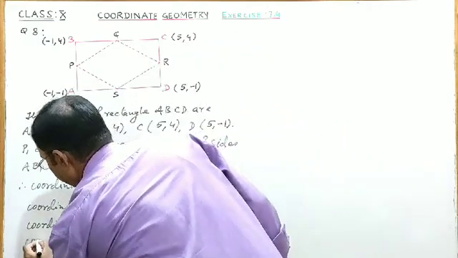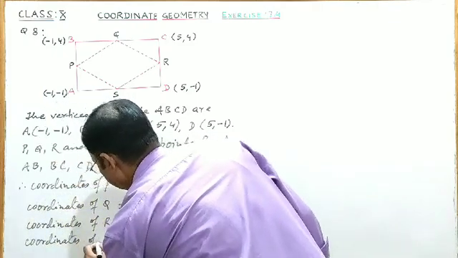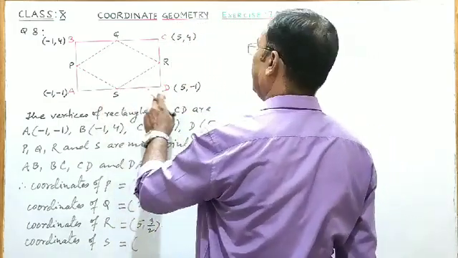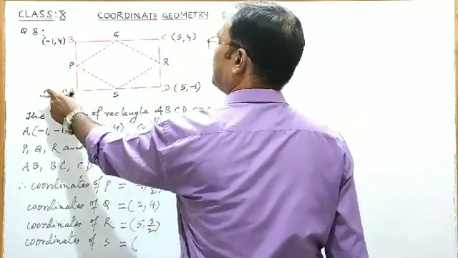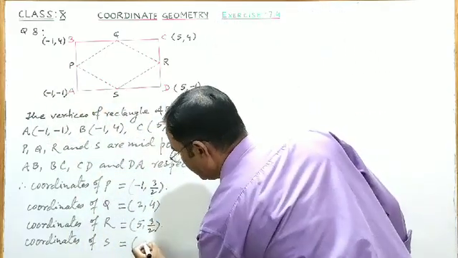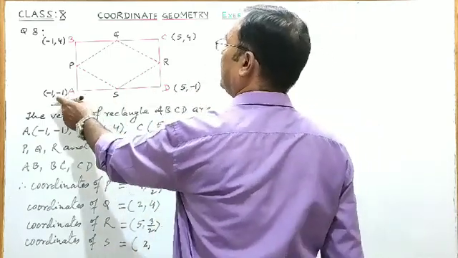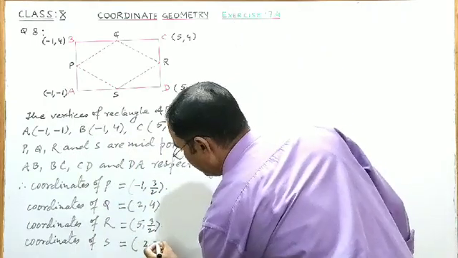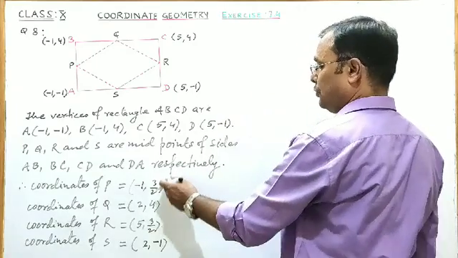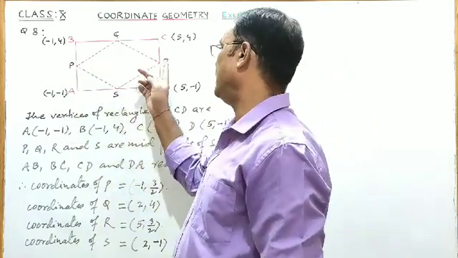And coordinates of point S, which is midpoint of side DA, are (5 plus -1)/2, 4 by 2, 2, and (-1 plus -1)/2, -2 by 2, -1. So these are the coordinates of midpoints P, Q, R and S.